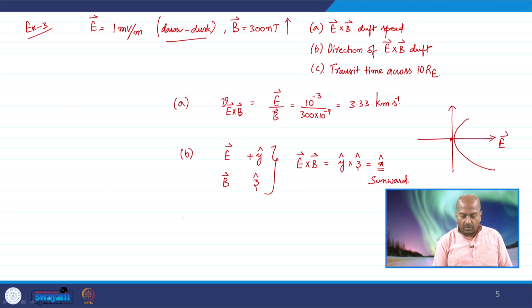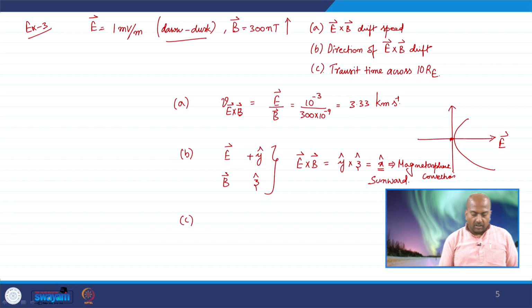The direction can be sunward. So, that means that this x component is responsible for the magnetospheric convection.